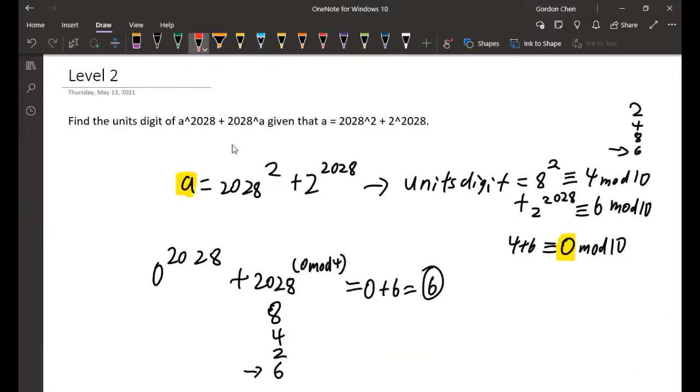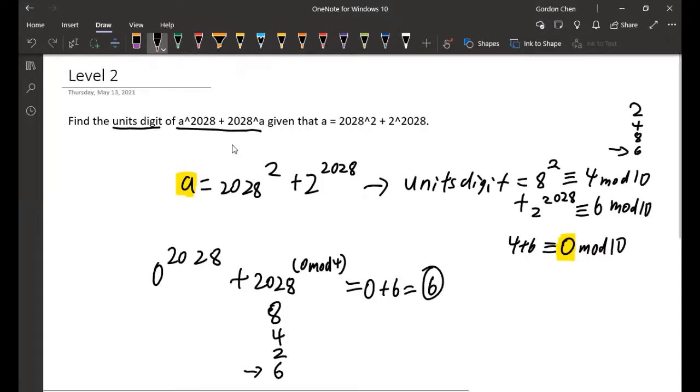Okay, level 2. We want to find the unit digit of a to the 2028 plus 2028 to the a. And we have that a is 2028 squared plus 2 to the 2028, which means the unit digit of a, we only want to find the unit digit of this.